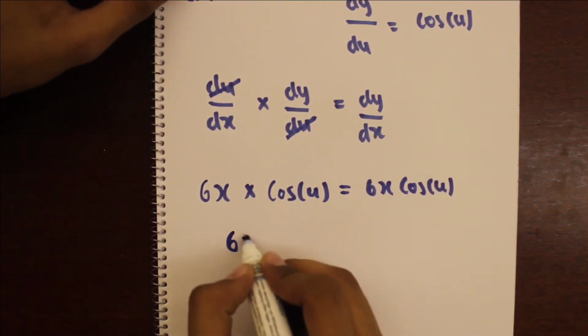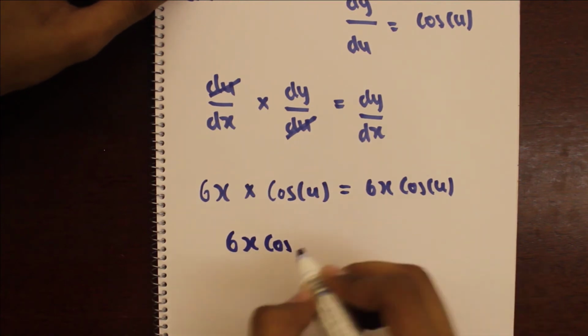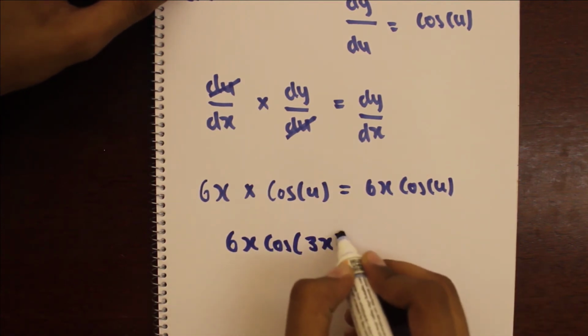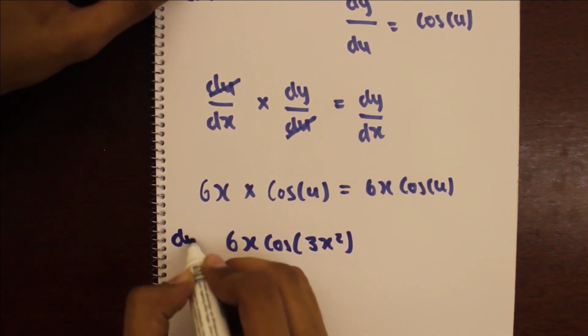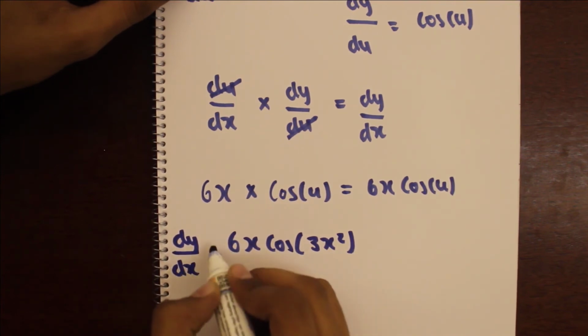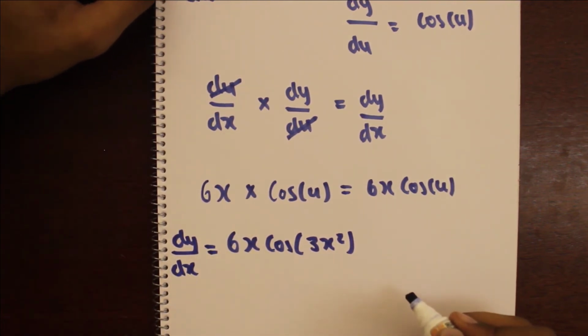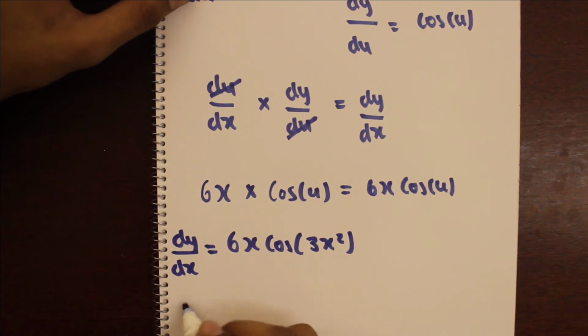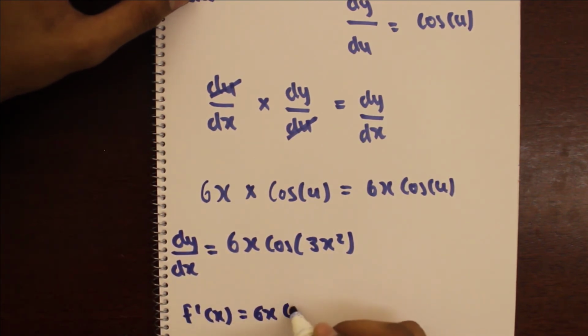So 6x cos of u, which is now 3x squared, will be 6x cos 3x squared. Hence, dy dx will be equal to 6x cos 3x squared. In other words, f prime of x will be equal to 6x cos of 3x squared.